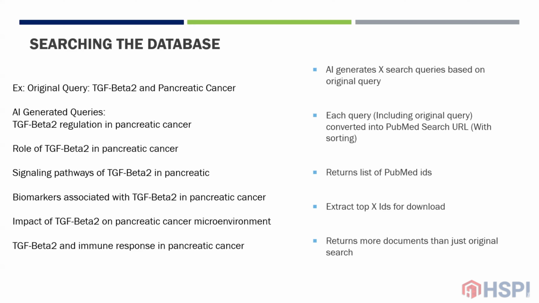However, if you sort by both date and relevance, you're doing it twice. So that's 2,000 documents. But then you have to add in the original search result for each one. So you're exposing yourself to a maximum, in that case, of 2,100 documents.